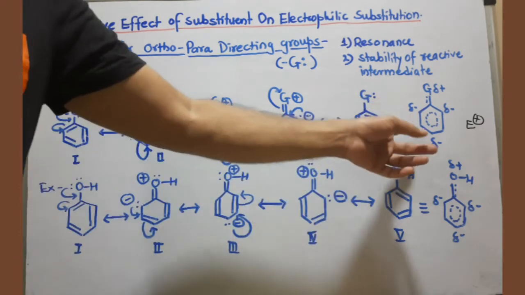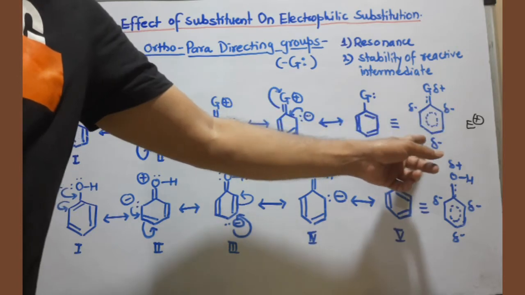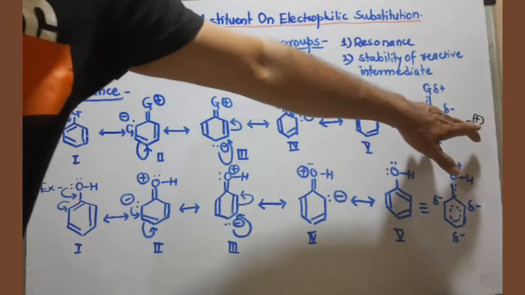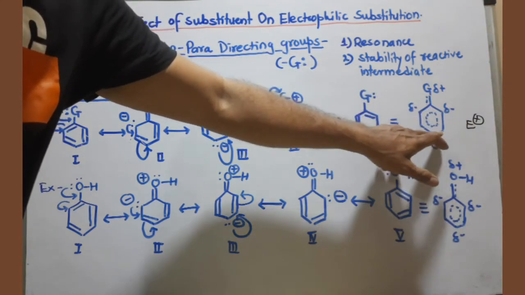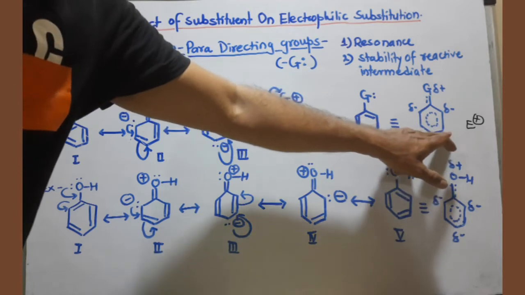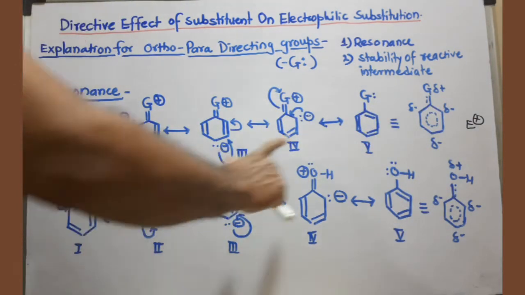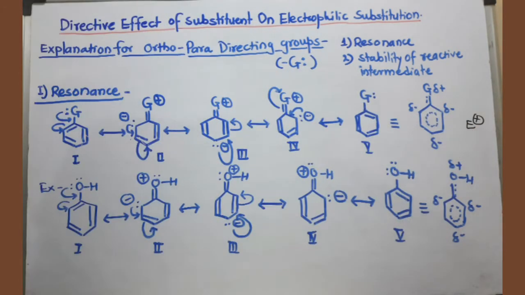It is obvious from this resonance hybrid that at ortho and para positions electron density is more. So the electrophile will go there for attack, because these are the electron-rich positions as compared to meta, and hence from the resonance it is clear that the electrophile will go at ortho and para position.